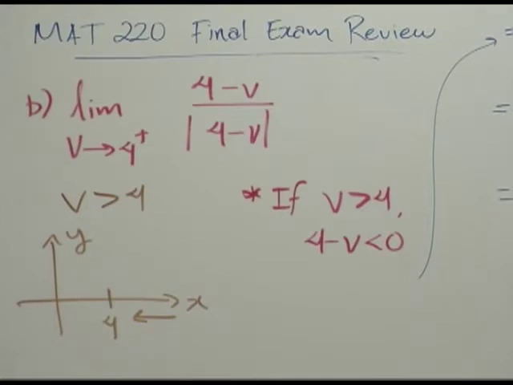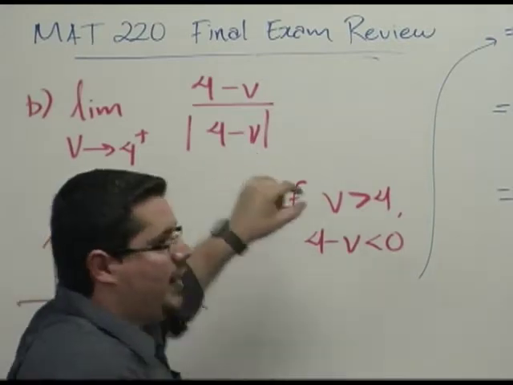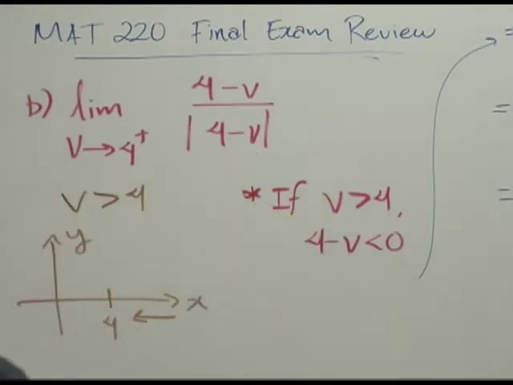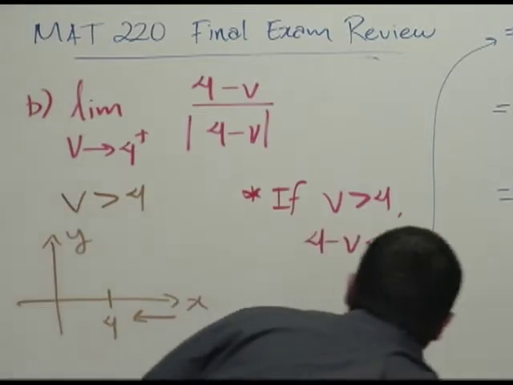So how can we change this expression so we can get rid of the absolute value signs? Remember, the absolute value is just making it positive. So what's another way of making a negative number positive? Multiply by negative 1, right? So that's exactly what we wanted in this case.